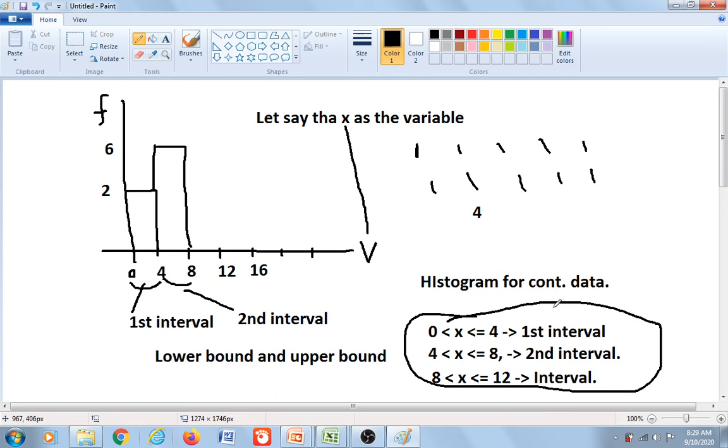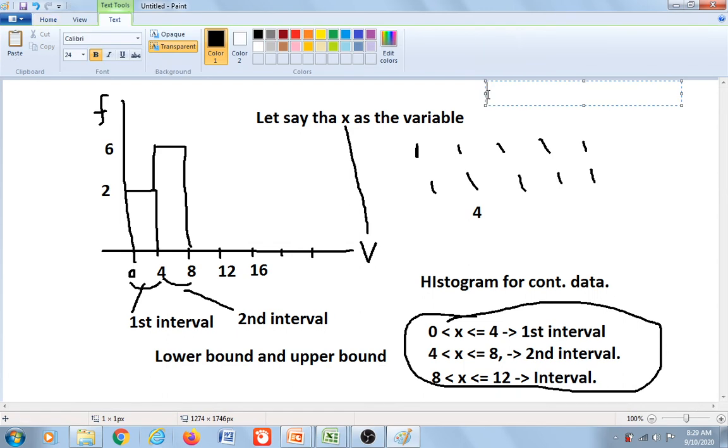Now in developing a histogram, the first thing that we need to do is to develop a table first, and the table is called the distribution frequency table.